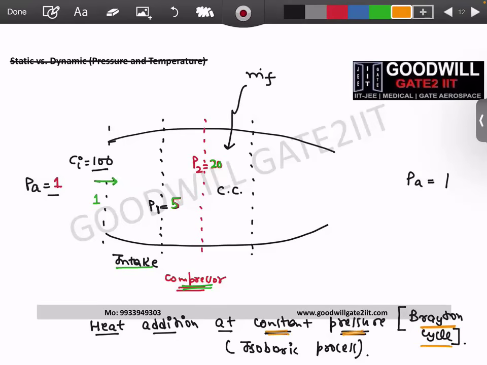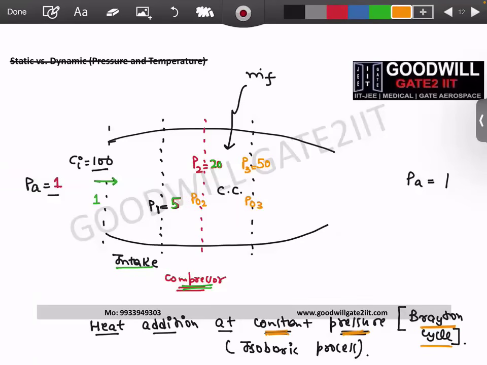Now, in simple words, let's say your pressure at the exit is 20. Although, guys, this is not true. This will be a very high value because of heat addition. Why we say constant pressure, you will understand: the stagnation pressure will be the same. Please, my intention is not to confuse you.